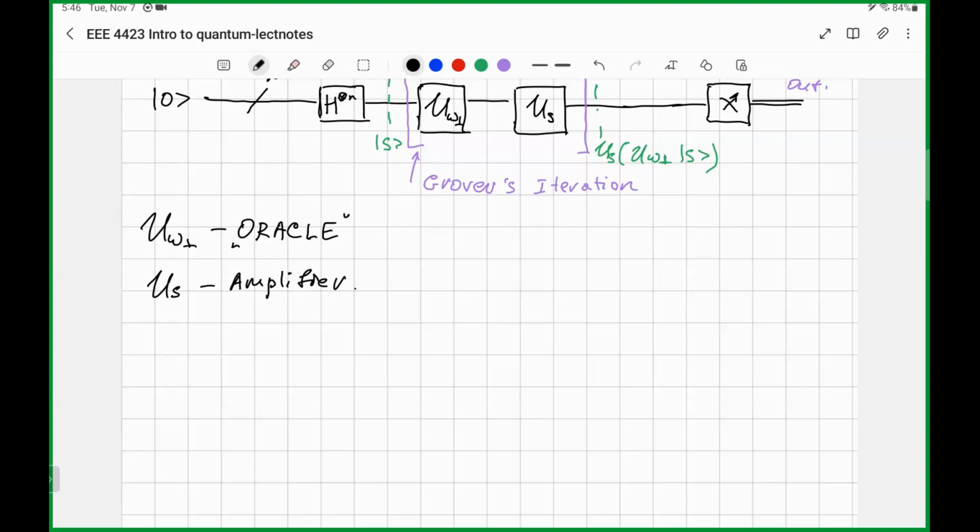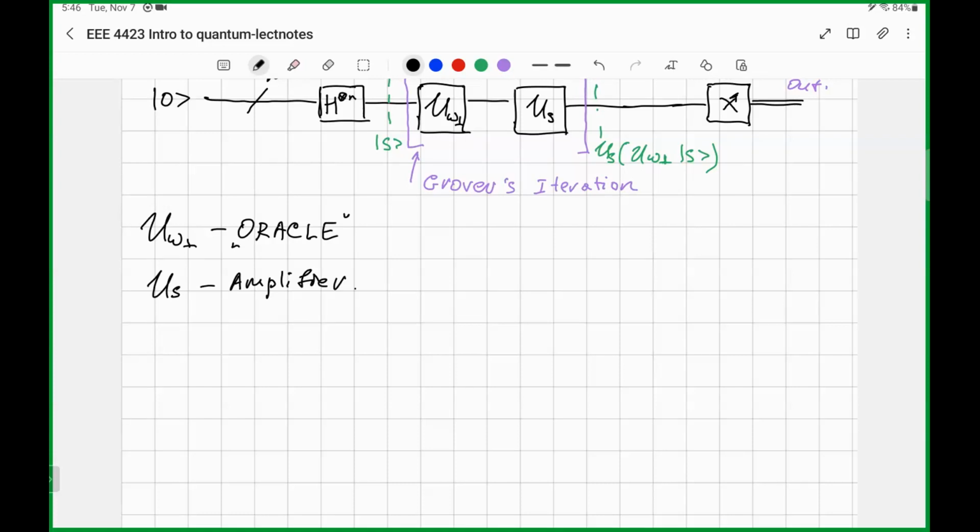We've got a question in the chat. By amplitude, do you mean in the state vector or probability? The amplitude, of course, of the state vector. In this case, what we amplify is actually the probability, of course.